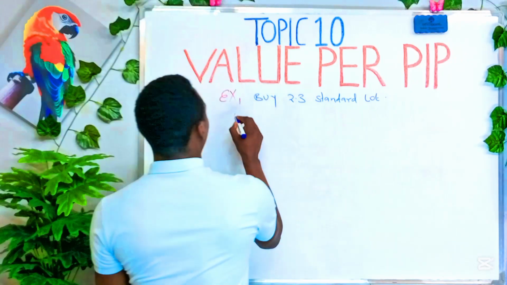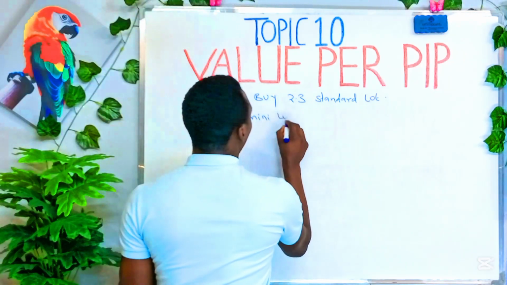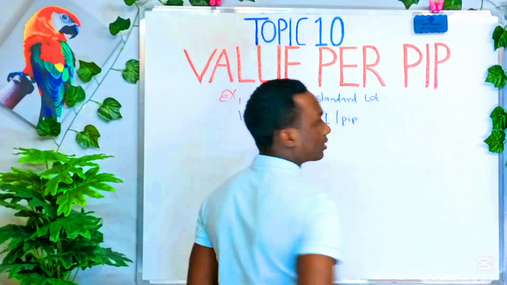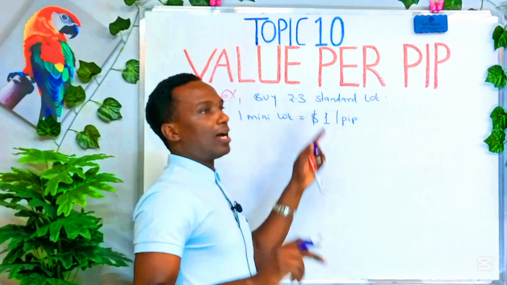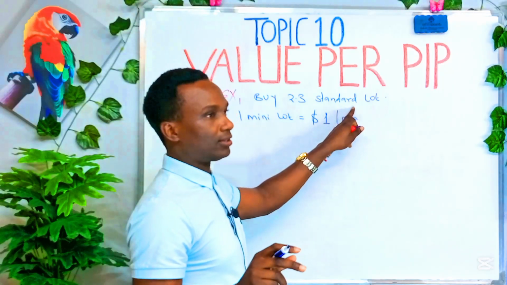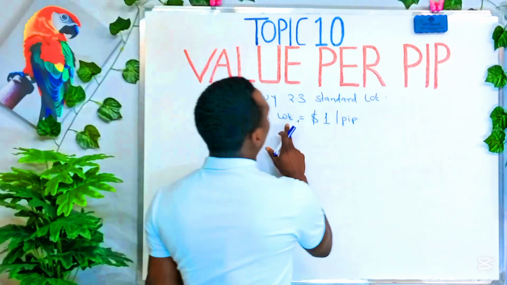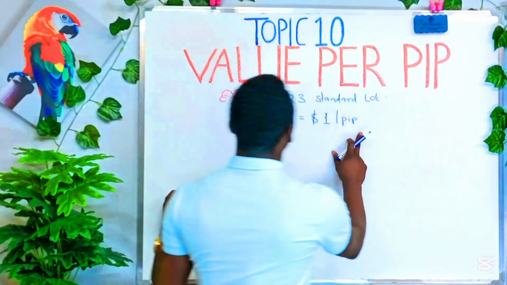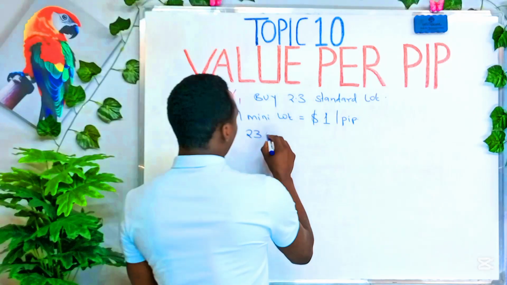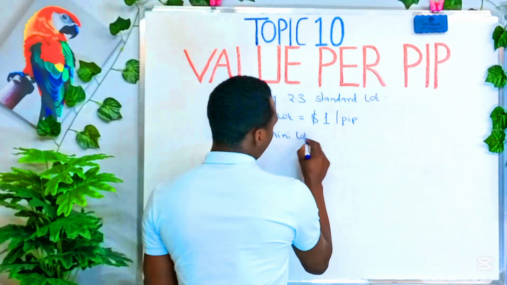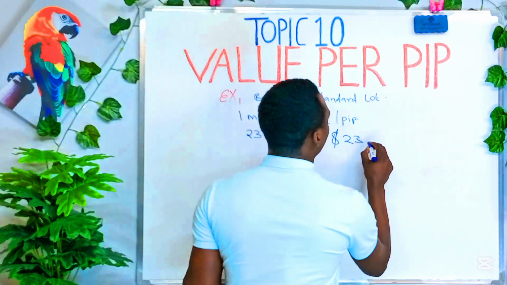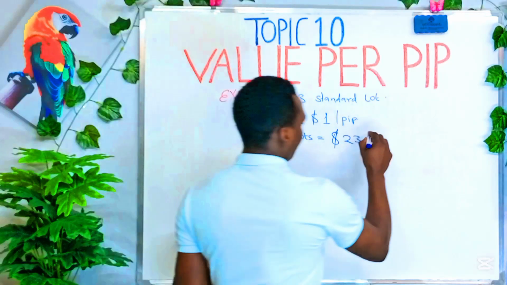In this case, it is 23 mini lots. So if one mini lot equals $1 per pip, this means that 23 mini lots will equal $23 per pip.